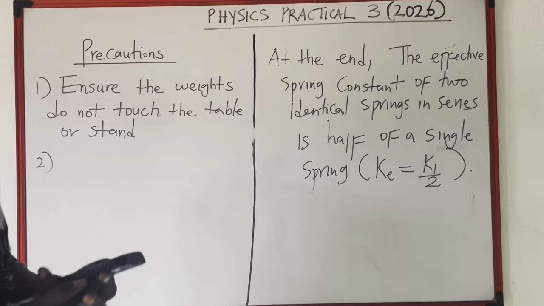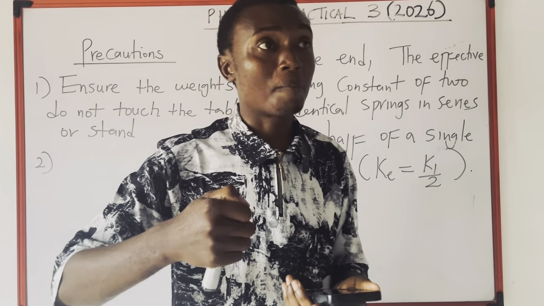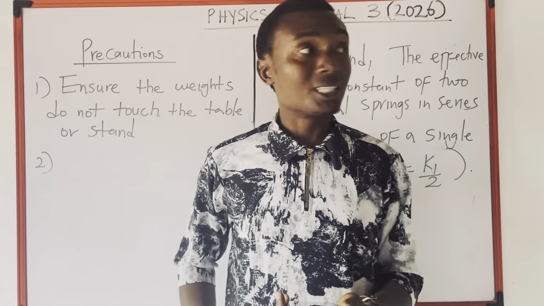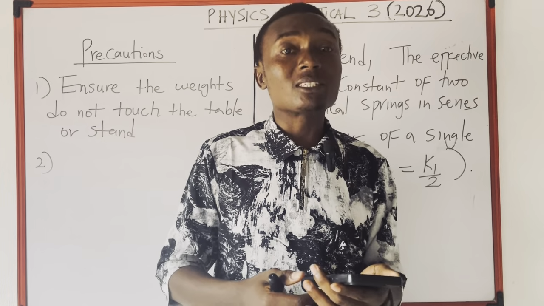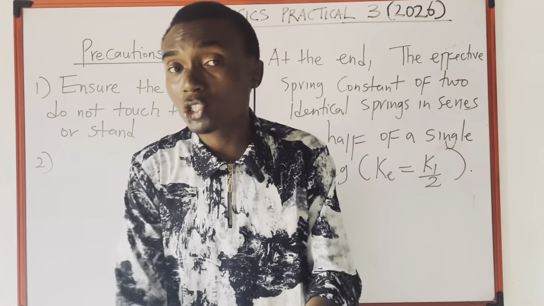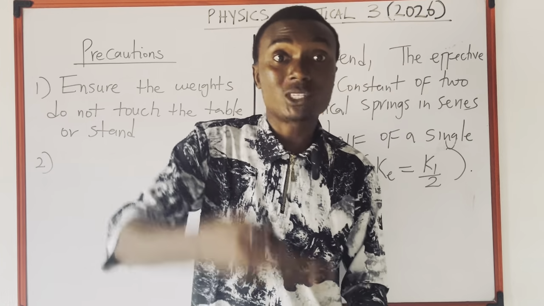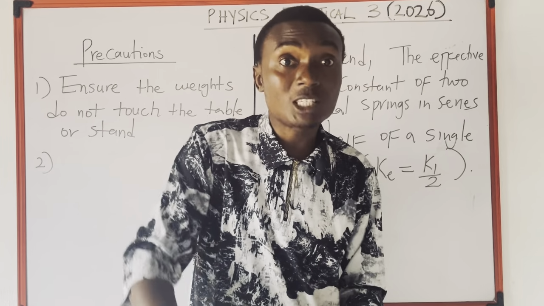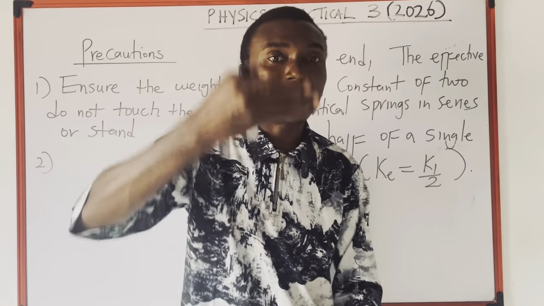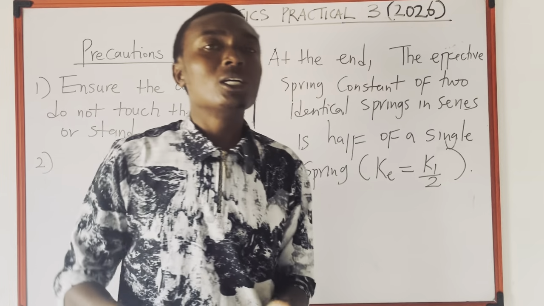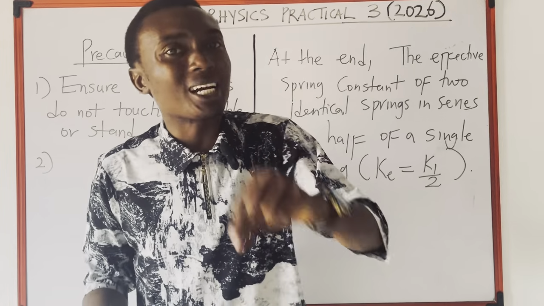Meaning, if you are performing the experiment, remember it's a stand. So you ensure that the weight does not touch the table, because it's going to be dangling. Vertical oscillation. Because it's a spiral spring, it's going to dangle. So don't allow the weight to touch the retort stand or the table.